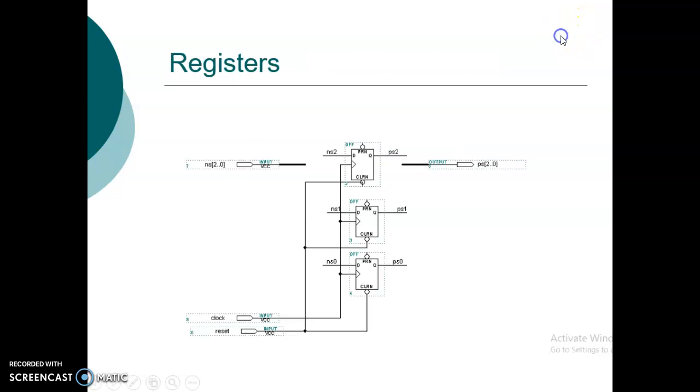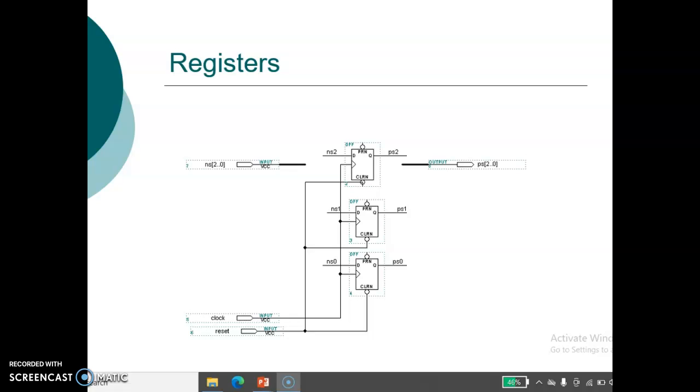Registers. In registers, these all are the registers. This register, NS 0 to 2 is the vector input.